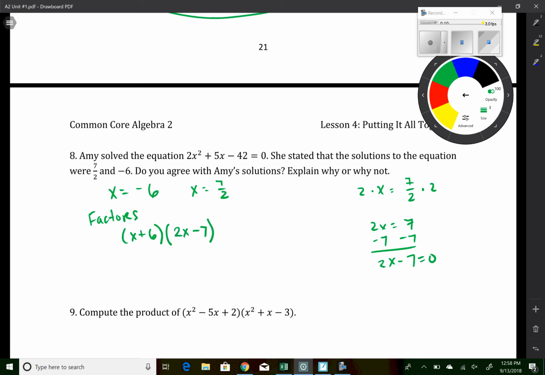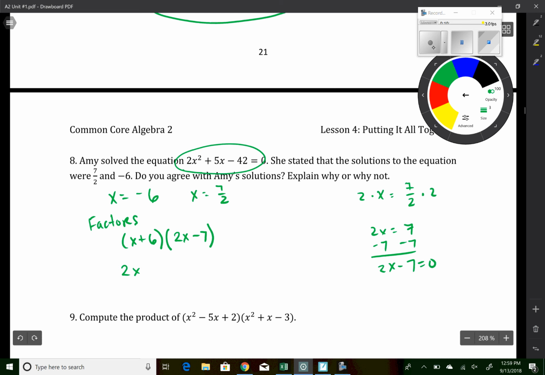So then if I multiply out those two factors, if I get back this polynomial, then Amy was right. So that's going to become 2x squared minus 7x plus 12x minus 42. That's all going to combine up to make the 5x in the middle. So Amy is right.